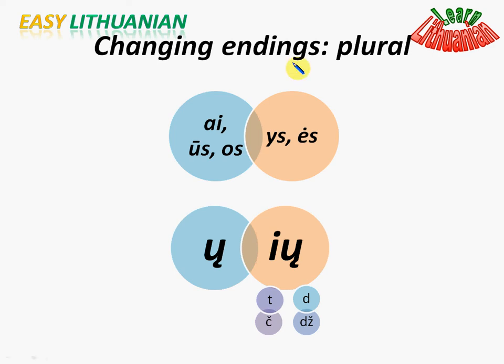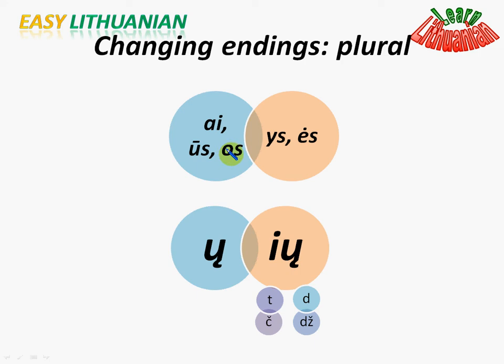And if they end in is, s, the ending will be with a softening sign, u. And if there is a softening sign before these endings, a, us, os, the softening sign will remain, so they will get u ending.